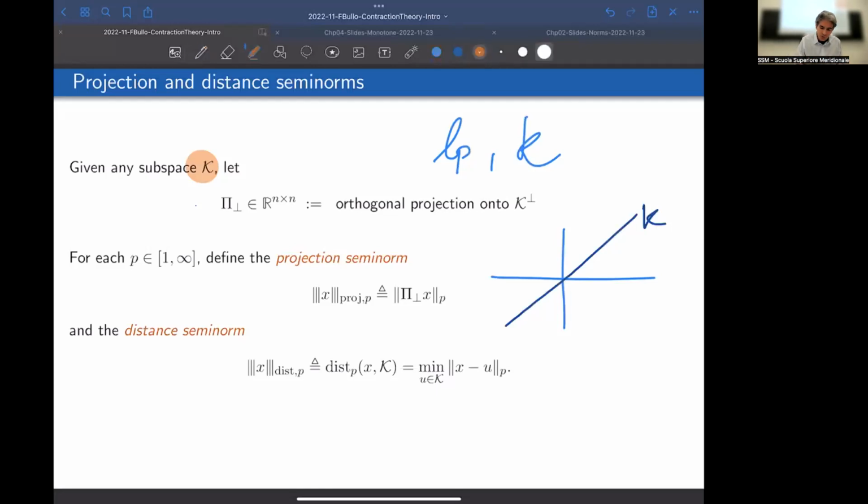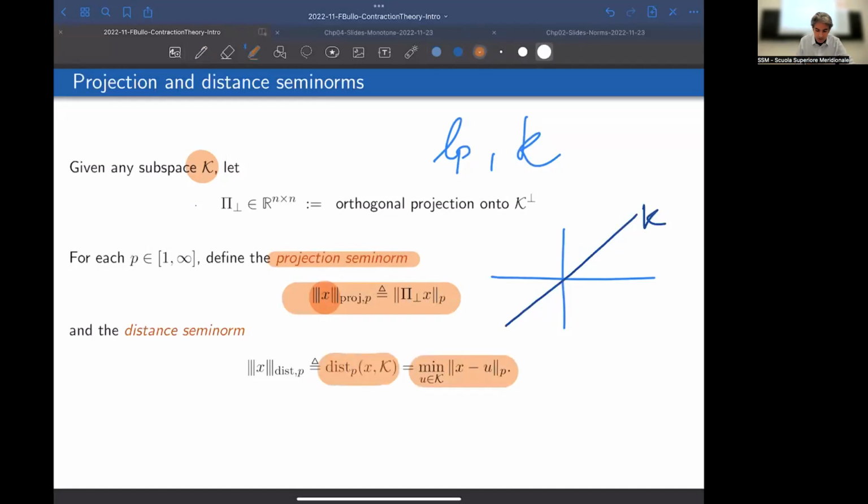The first one is to do a projection. You give me a vector X, I project it onto the perpendicular space, and then I take the P norm of that. The other idea is that I don't do an orthogonal projection; I solve a small optimization problem.